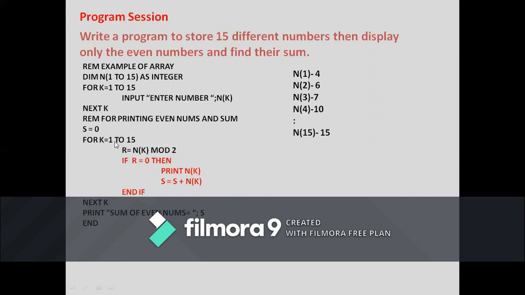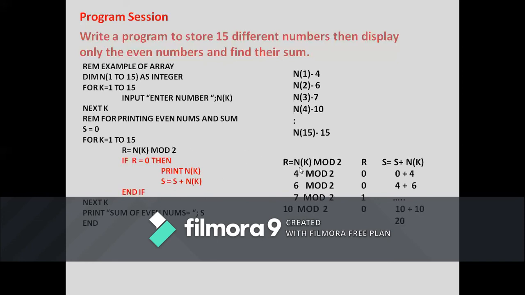Here n1 means 4, that will be divided by 2. If the value of r is 0, then it will print the even number and find the sum. So here the first value of n1 is 4. 4 will be divided by 2 and the operator is mod. Mod returns the remainder. So if the remainder is 0, it will print that number, like it will print 4 on the screen, and it will find the sum using this formula.